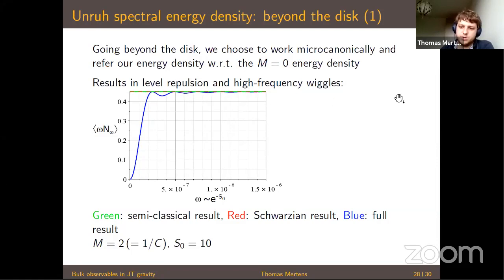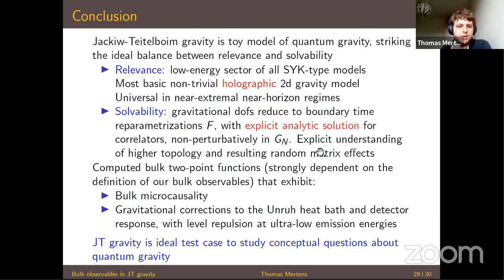They will differ at higher omegas, as I've shown on the previous plots. But you can clearly see these very small omega effects coming from random matrix or higher topology effects appearing here. Okay, so let me conclude.